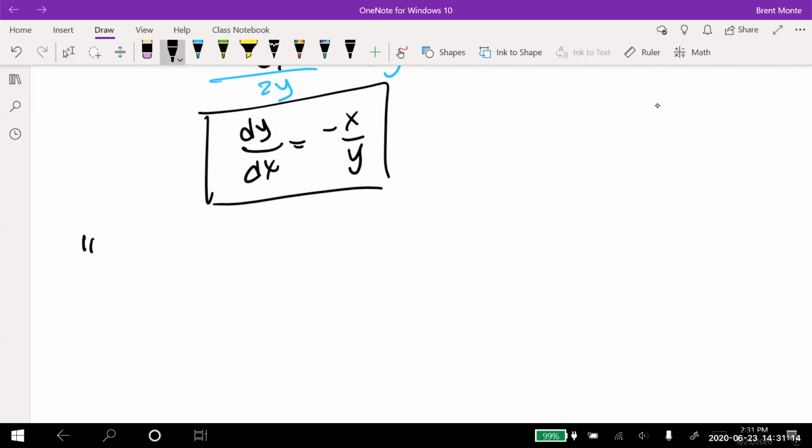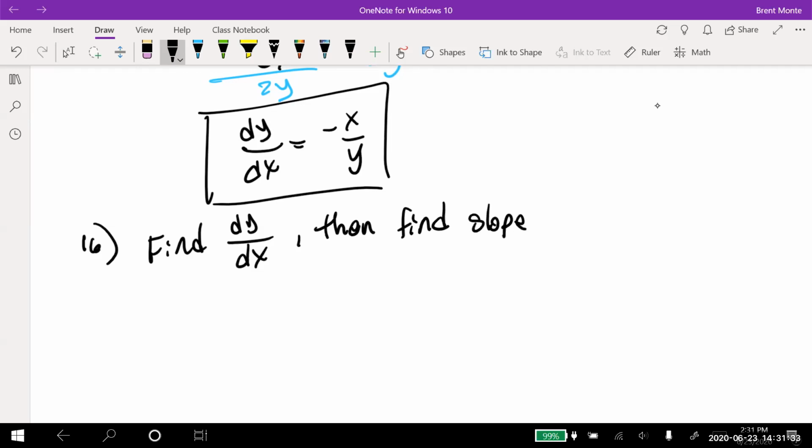This is problem 16. It's going to be similar to that, except we're going to plug in a value. This one says find dy dx. And then find the slope of the curve. Remember, the slope of the tangent line and the slope of the curve are the same thing.